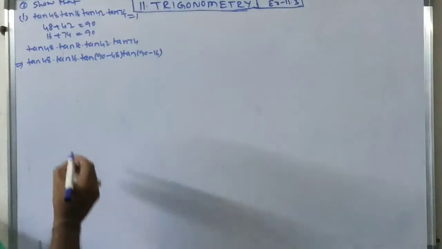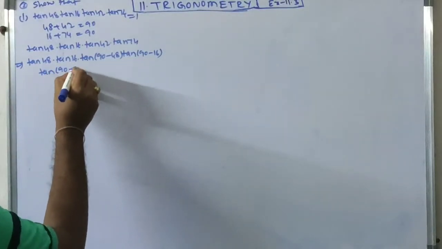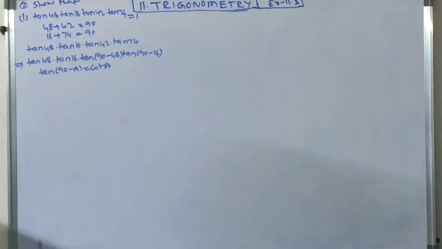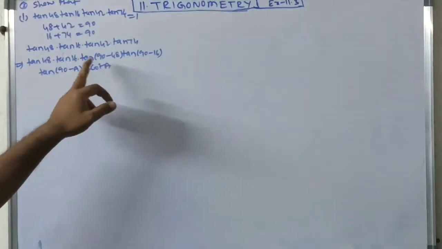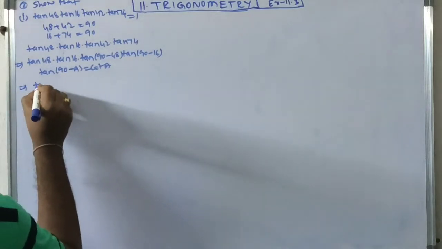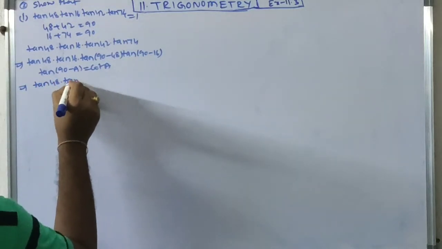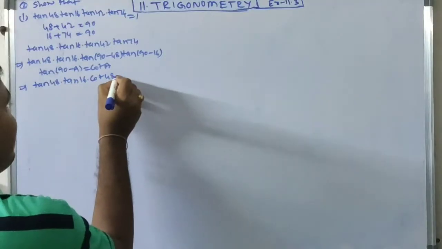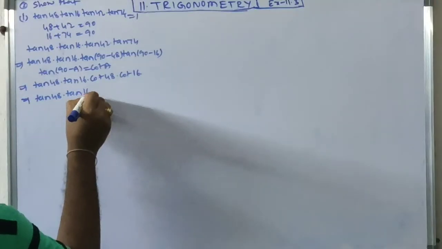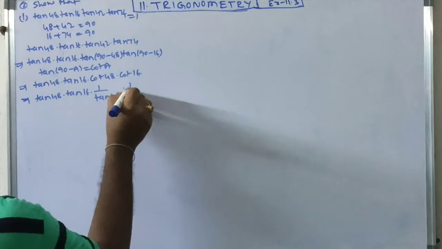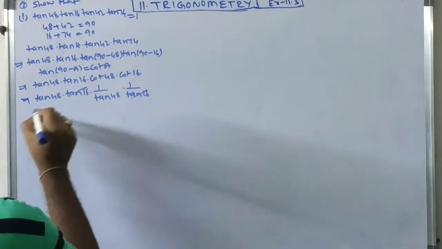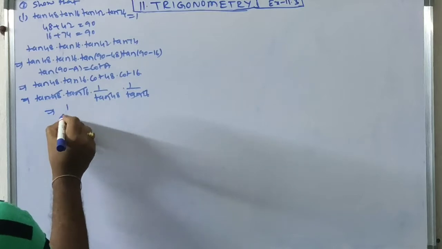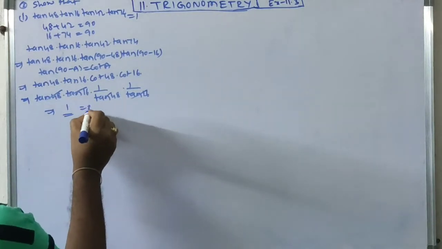The formula is tan of 90 minus A equals cot A. So this will become tan 48, tan 16, cot 48, cot 16. Cot is the reciprocal of tan, so tan 48 tan 16 into 1 by tan 48 into 1 by tan 16. Tan 16 cancels, tan 48 cancels, equal to 1. So this is equal to the RHS.